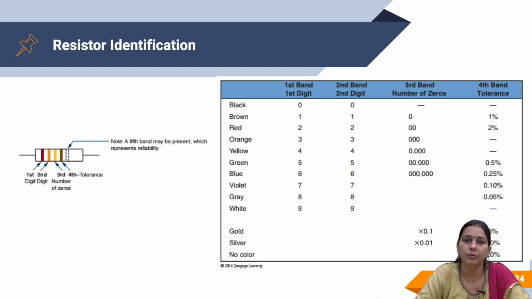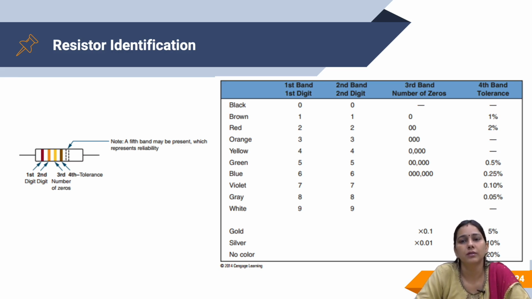The second band denotes the second digit. The third band implies the multiplication factor, and the fourth band gives the tolerance limit, either gold, silver, or no color. So the fourth band shows the tolerance limit.